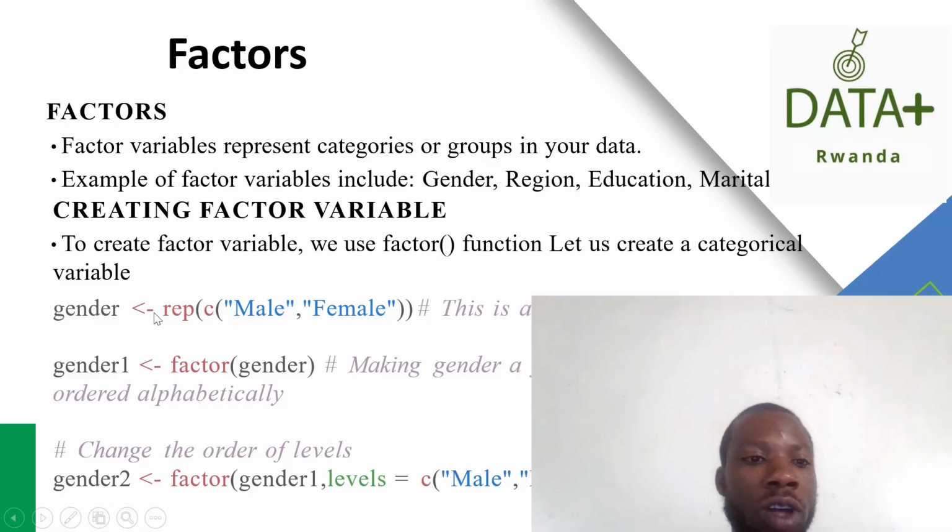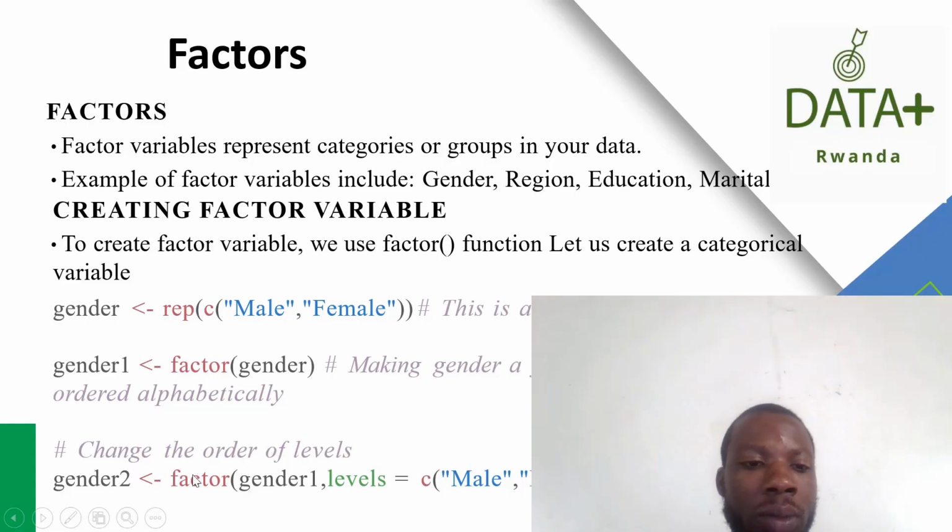We have to have the categorical variables first, and here we are creating a categorical variable called gender, where we use rep, replicating male and female. This is going to be replicated 4 times, and then we are generating gender number 1, which is also a factor. We are making gender a factor variable. Levels are ordered alphabetically from 1 up to 2.